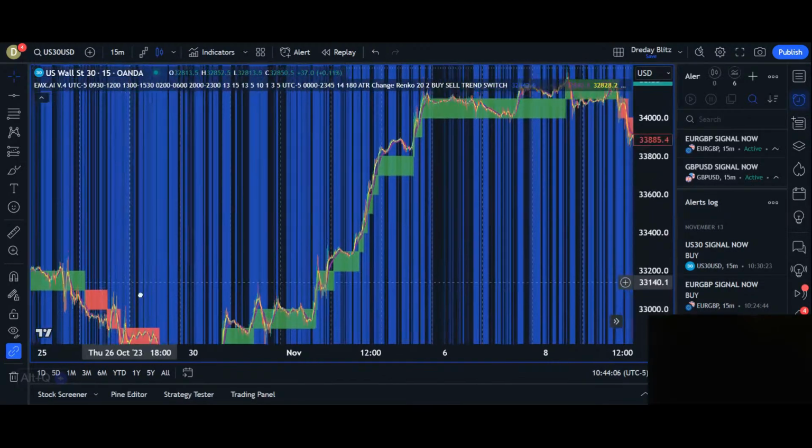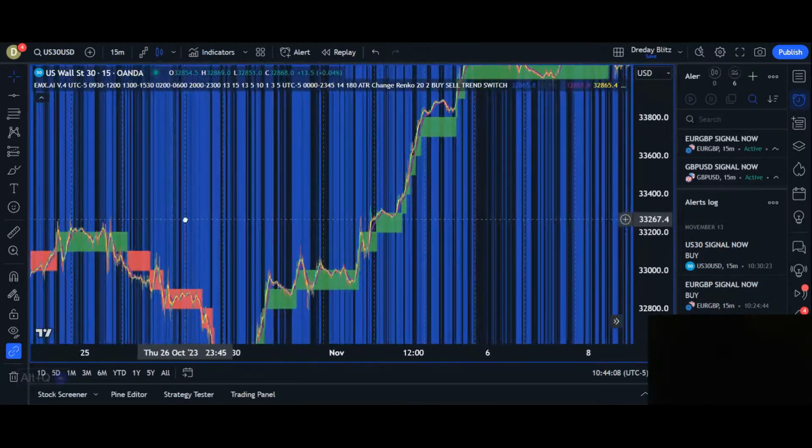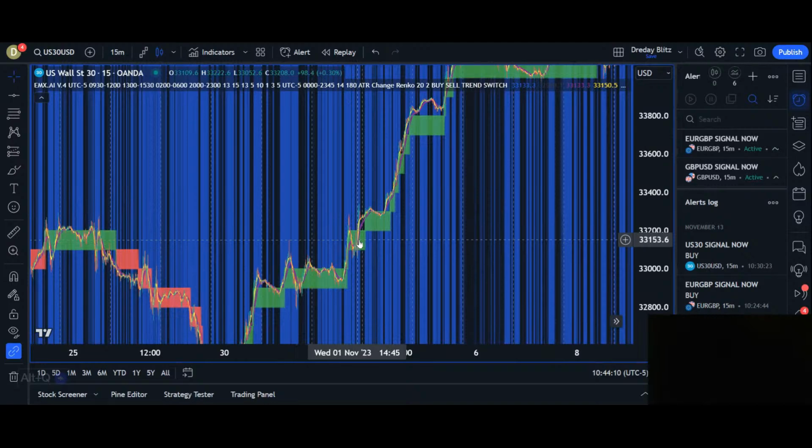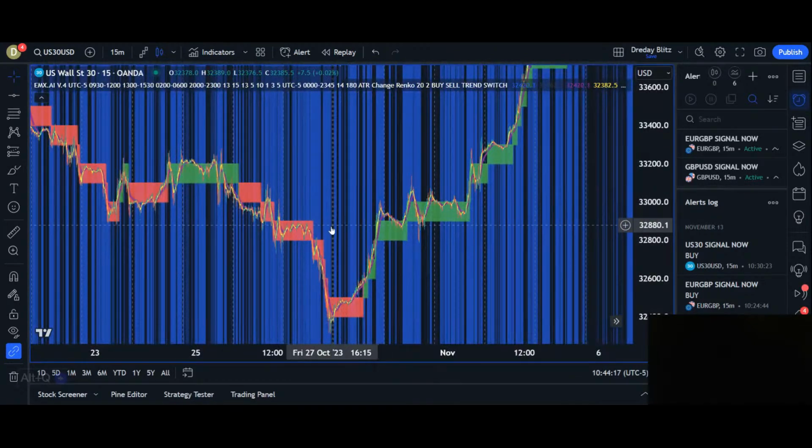So you see, US 30 was giving you a bullish move on the 27th, 28th. That was the bottom of US 30.